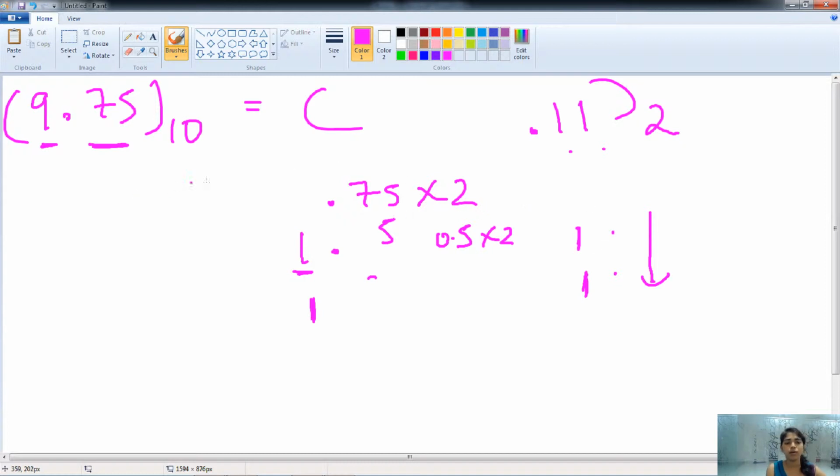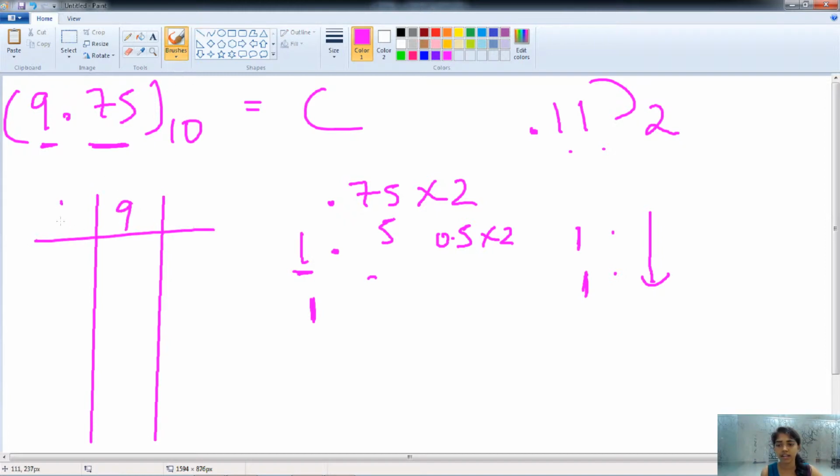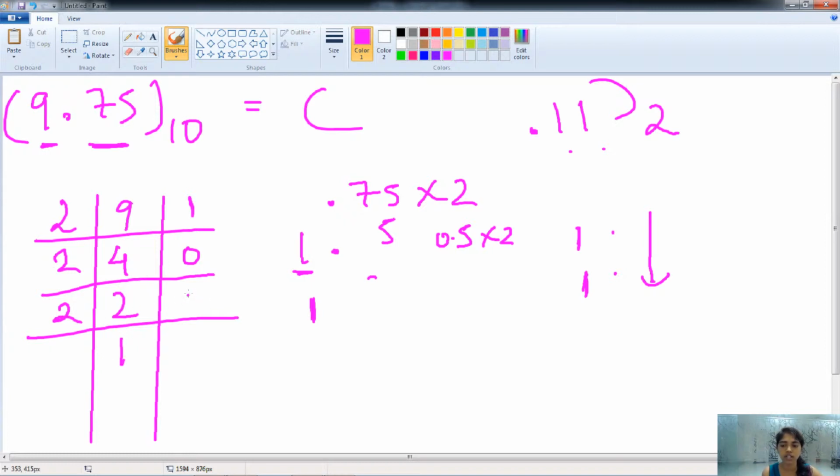Okay? Now, we will convert this 9 into binary, and we know how to convert it, in that specific format. 9 divided by 2, 2 4s are 8 and 1 remainder, 1 here. 2 2s are 4, no remainder, so 0. 2 1s are 2, so again no remainder, 0, and here 1 is less than 2, so we will transfer this 1 directly here.